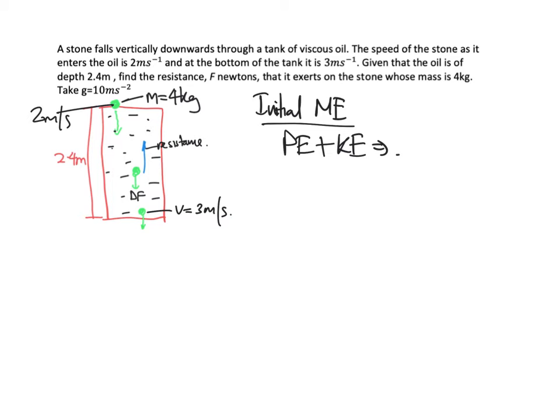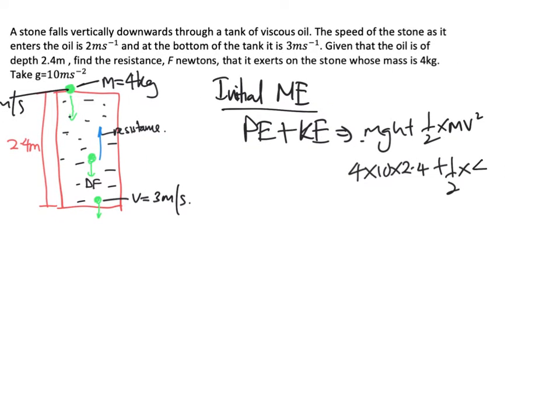What's the potential energy? mgh, plus half times mv squared. For mgh we have 4 kg times 10 times the height, which is 2.4 meter, plus half times m, which is 4, times the velocity as it enters, which is 2 meter per second, squared.